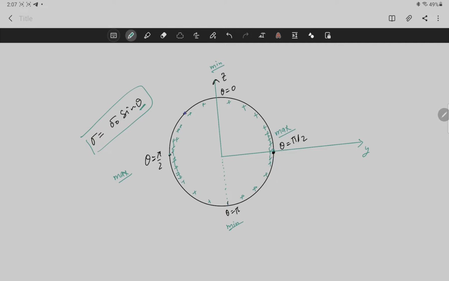Now we are asked whether the electric field inside the spherical shell will be zero or not in general. So at this point, the origin O, one thing we can see is that the z-axis is the symmetry axis of the system.